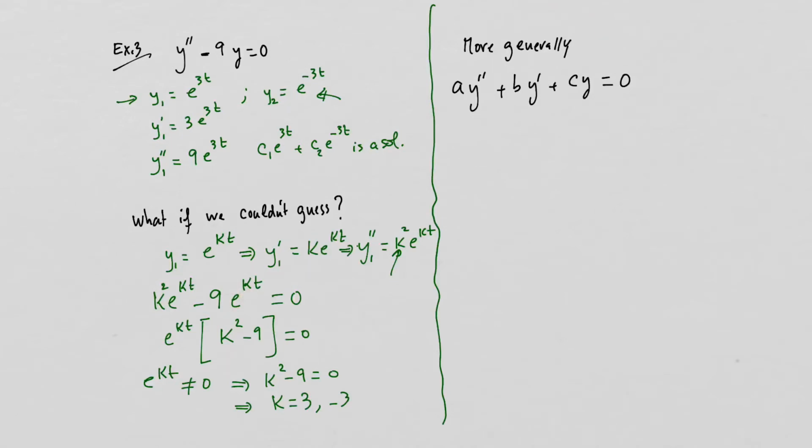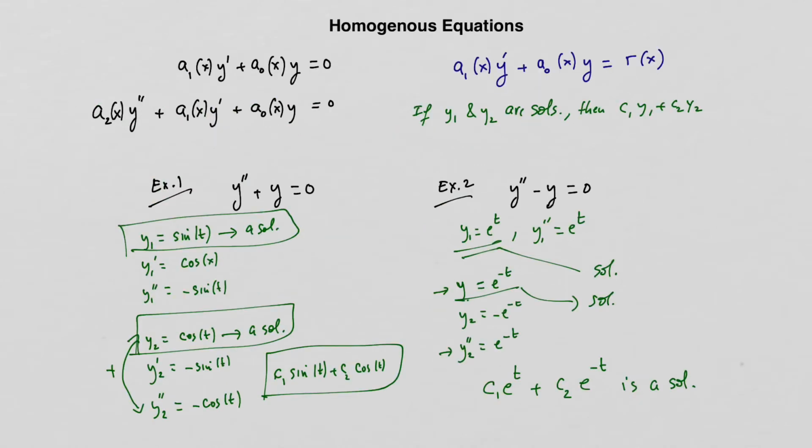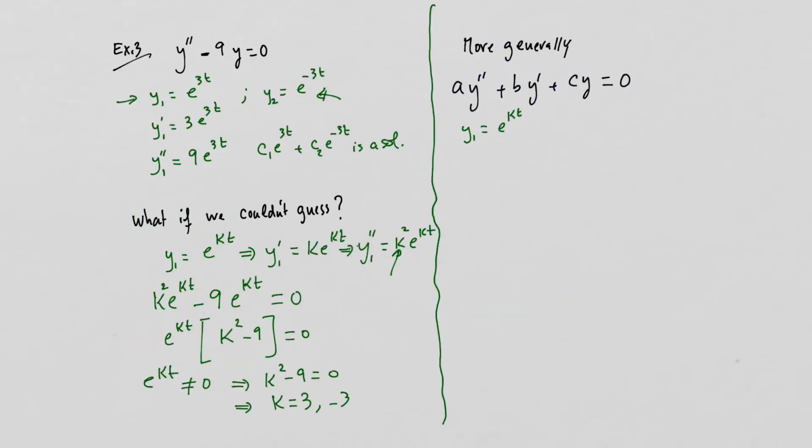You can get all of them for free. So the general solution, one of the solutions is going to be e to the kt, just like we did before. And I'm going to go back to the first one, which has a sine and cosine. I'll deal with that later.